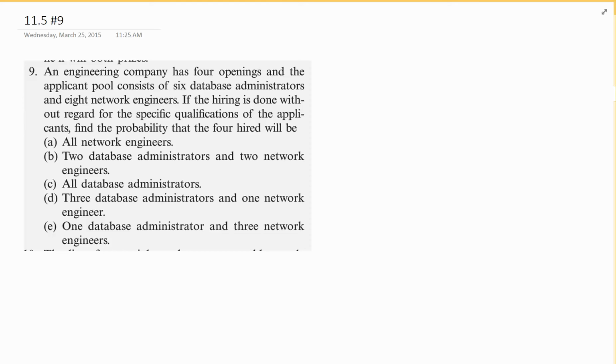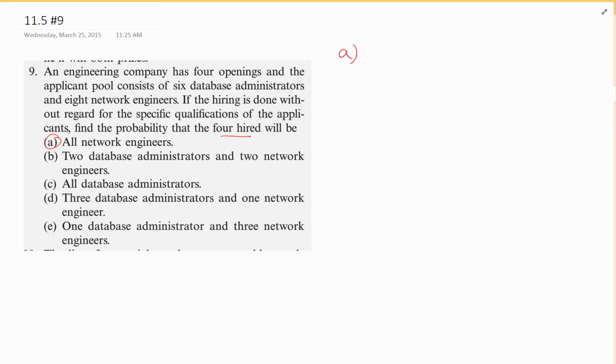So if we want all of them to be network engineers, remember that we are hiring 4 people. So we want to make sure that we always set it up so that we have 4 total positions that we're hiring.